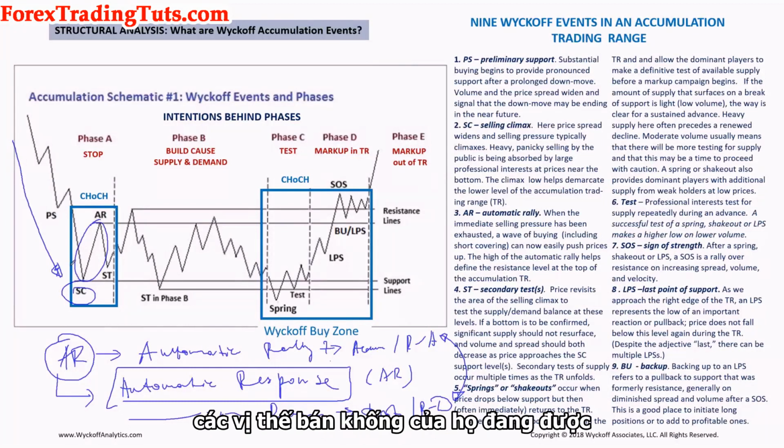So their short positions are being converted into a market order, which is a buy order. And therefore, they are not necessarily betting on gaining profits from the market potentially reversing and going up short term on the automatic rally.